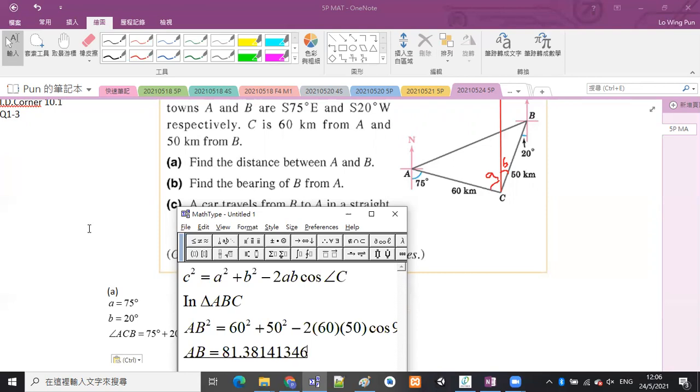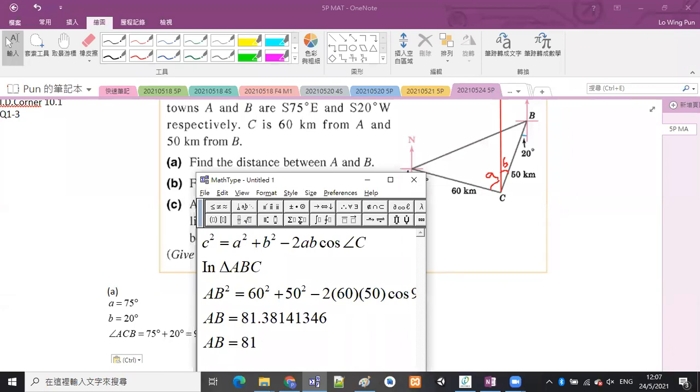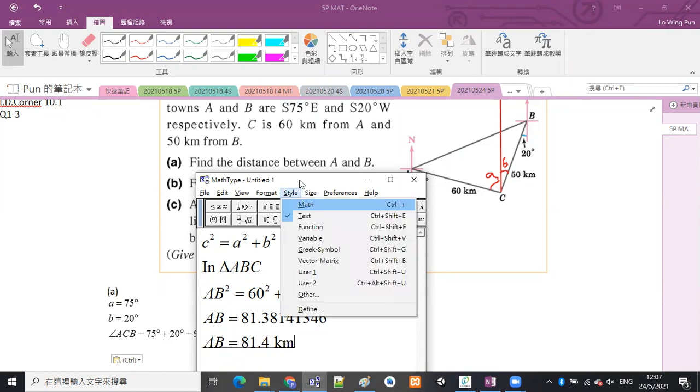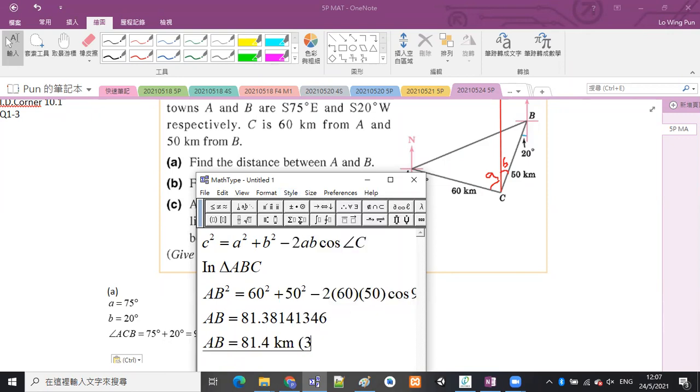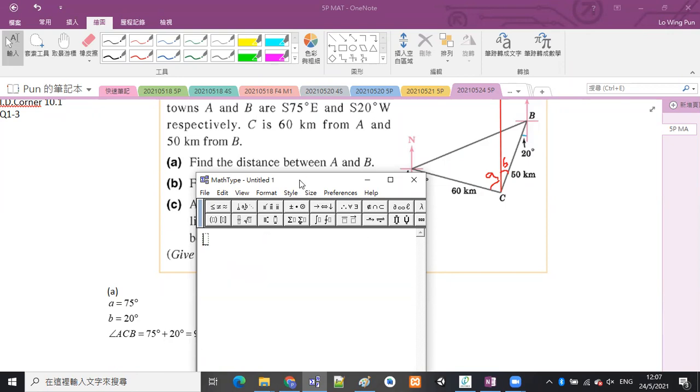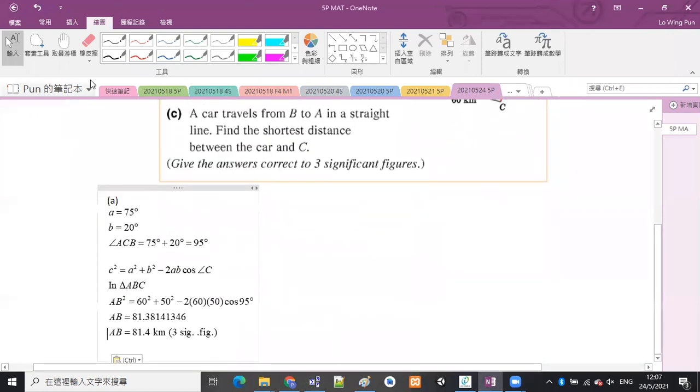Because this is not the last part, I'm going to save this number to memory A. Answer stored to memory A. And this is the answer for part A. So I need to correct this to how many? 3 significant figures. So AB will be equal to 81.4 km, correct to 3 significant figures. And this will be memory A.